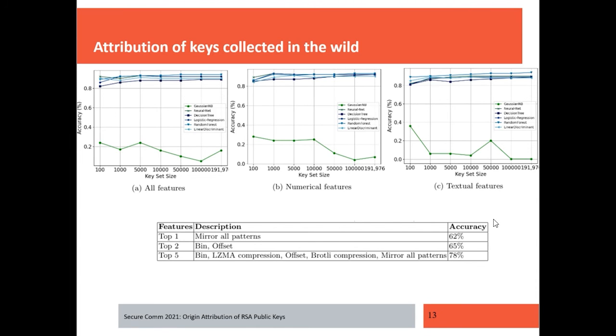In order to reduce the number of features, we tried the experiments on one feature, two features, and the top 5 features. You can see that by choosing only these 5 features, we can get 78% accuracy. That is a high accuracy compared to the 95% accuracy for around 14 features.